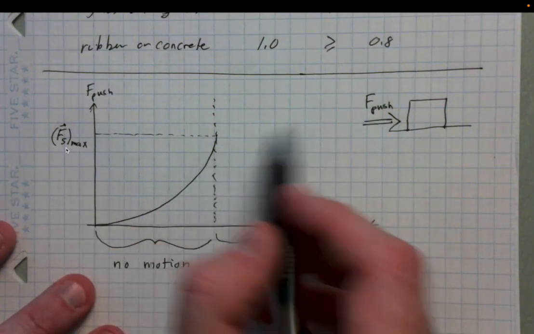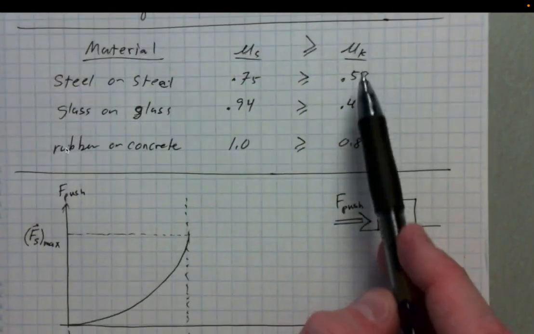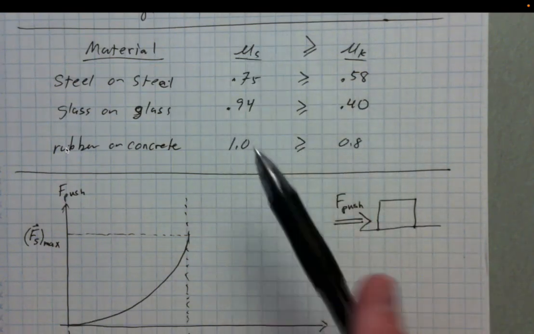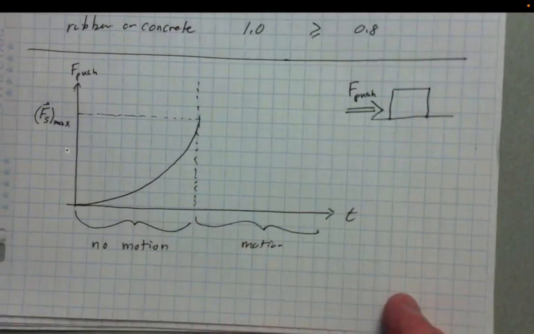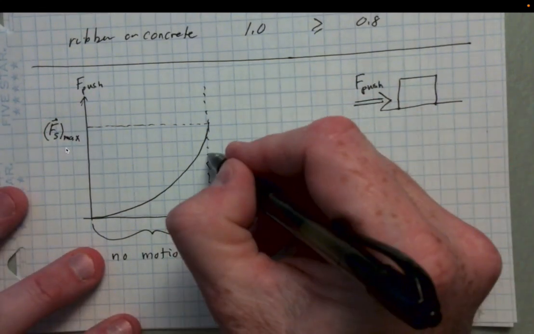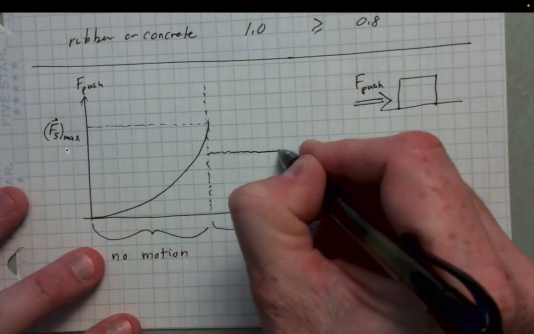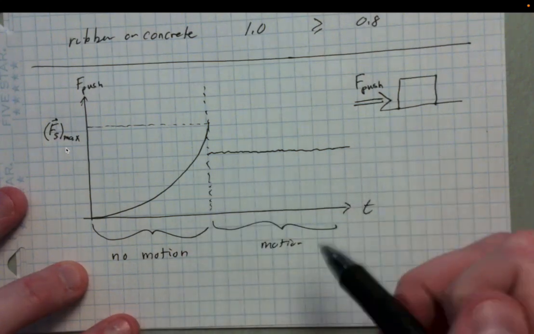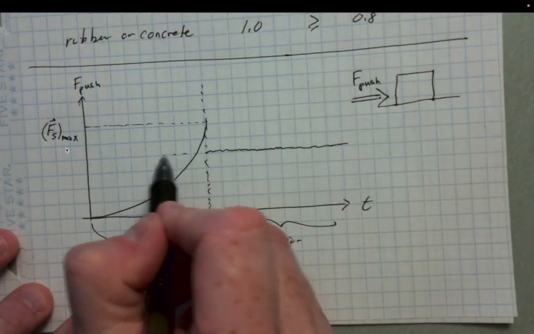Now, once that happens, we know from what we just discussed that the kinetic coefficient is less than the static coefficient, which means that the friction force decreases rapidly, instantly, really. And so what happens then is that the force required to push the object to keep it steadily moving diminishes. And what is that level?